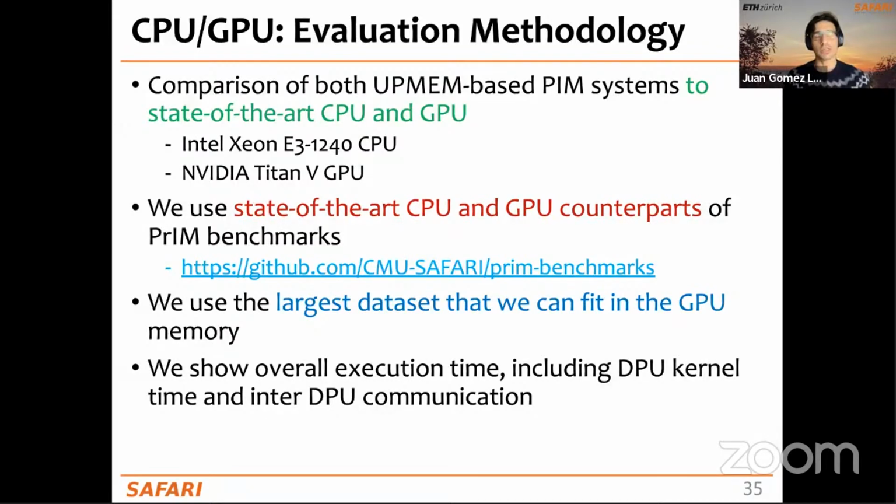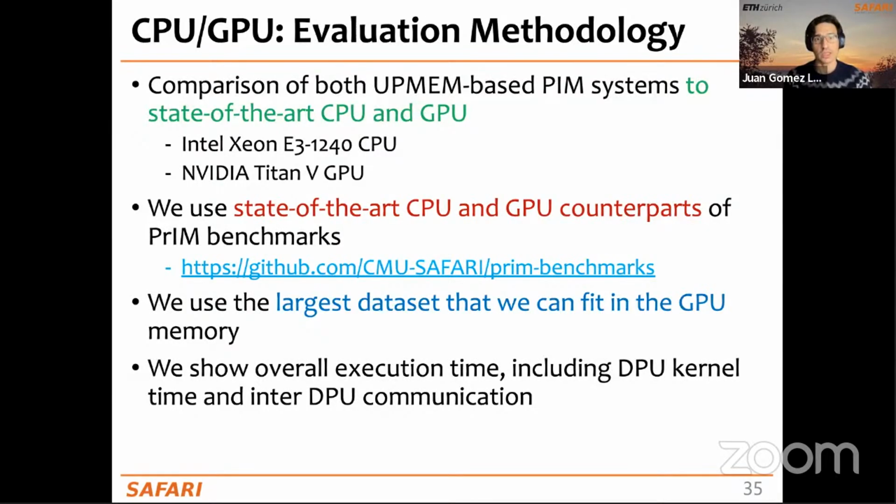I think it's 12 gigabytes actually in this particular Titan V. But even the most powerful GPUs these days with the largest memory are only like 40 gigabytes. I think that is the A100 GPU. That one has 40 gigabytes, which is still like 4 times smaller than what the largest PIM-based system has.